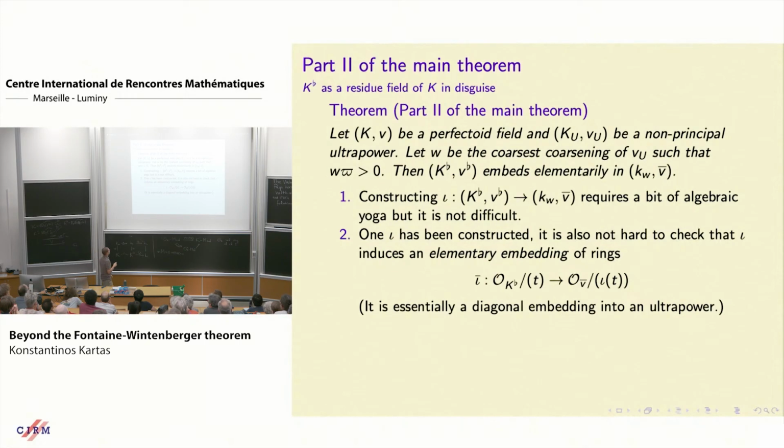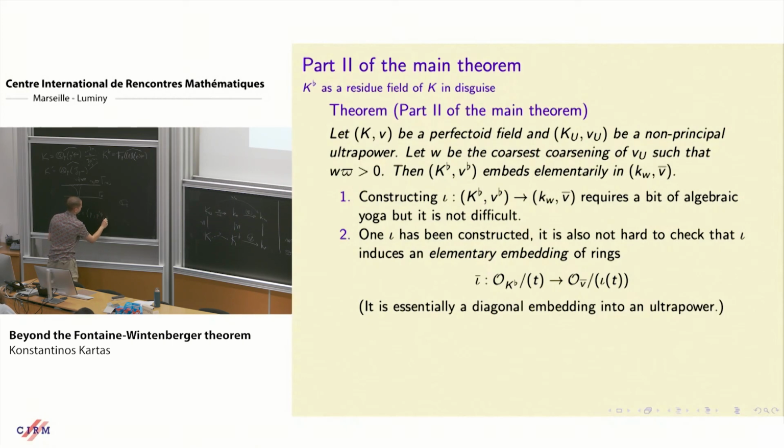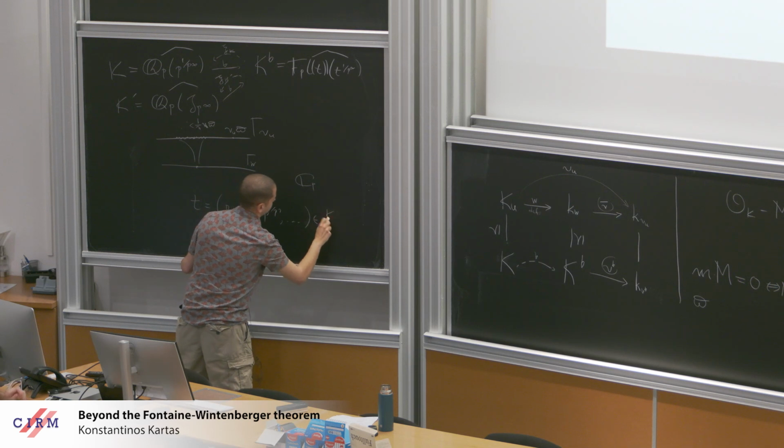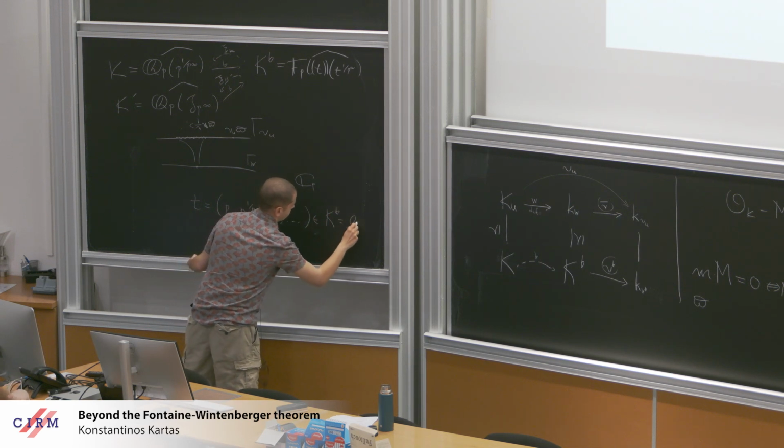So what is T? You just choose a pseudo-uniformizer in K. Let's use this example. T is going to be literally P to the 1 over P, P to the 1 over P squared, which lives in K flat, which you can think of as the inverse limit.